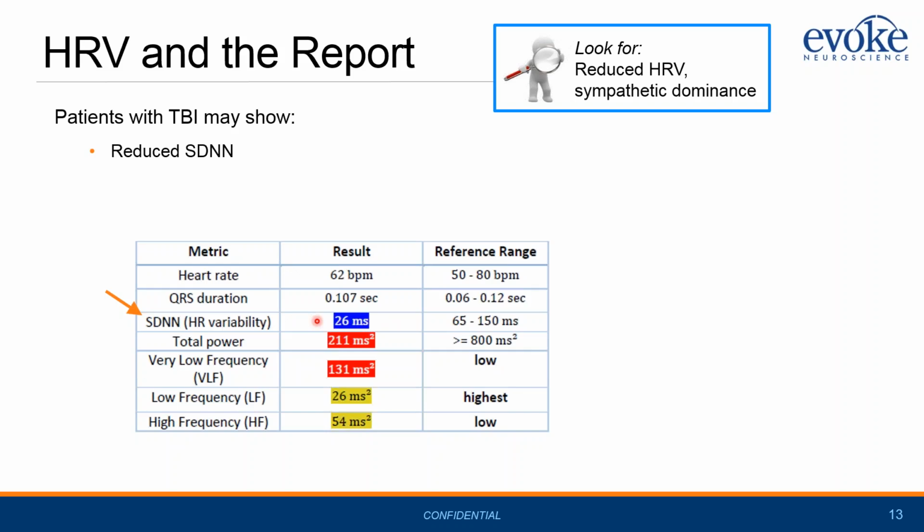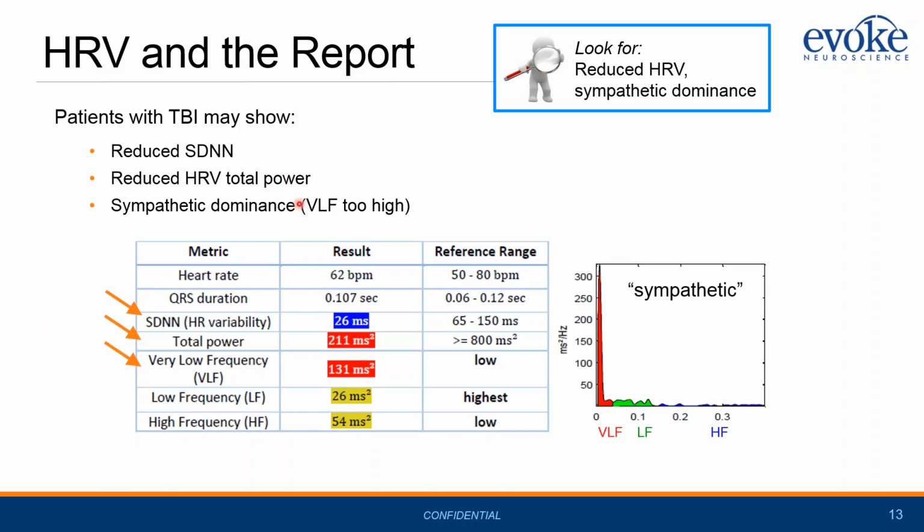It means that their sympathetic autonomic nervous system is in sympathetic overdrive. Additionally, we might see reduced HRV total power, and we might see sympathetic dominance, meaning our very low frequency is too high. In a graphical representation, this is what it would look like. Our red band, our sympathetic band, has too much power. Our balance and parasympathetic bands don't have enough power.